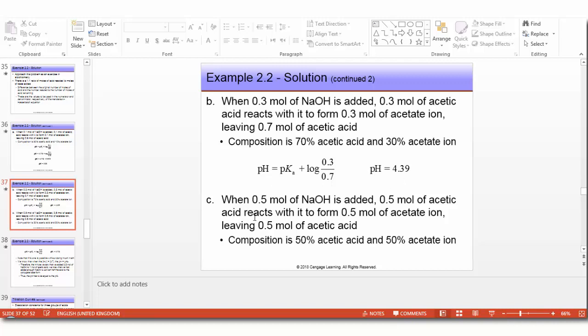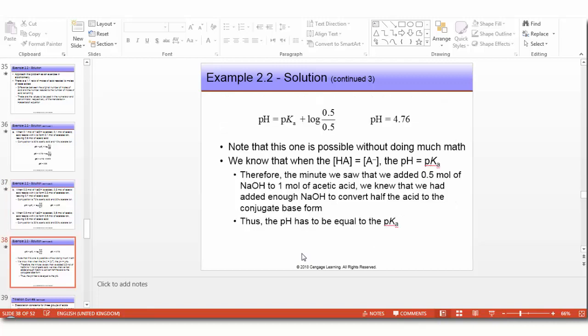Now, when 0.5 mole of NaOH is added, then 0.5 mole of acetic acid reacts to form 0.5 mole of acetate ion, leaving 0.5 mole of acetic acid. Now the composition is 50% acetic acid and 50% acetate ion. And now we apply the equation and we get the value of pH equal to 4.76.